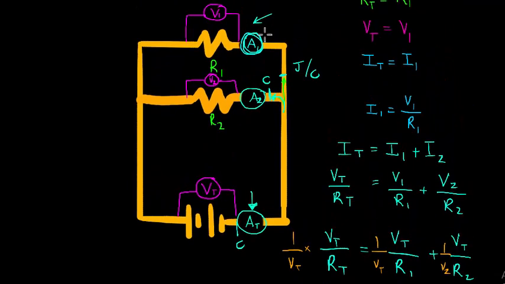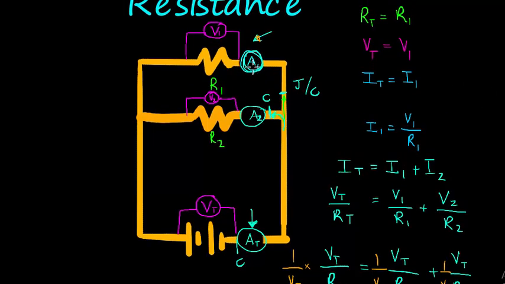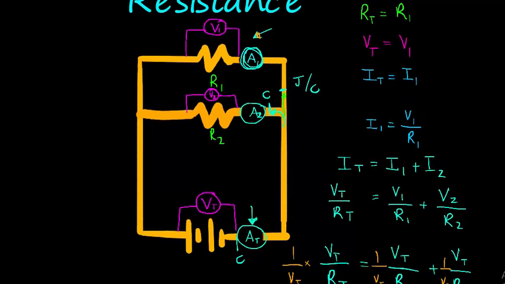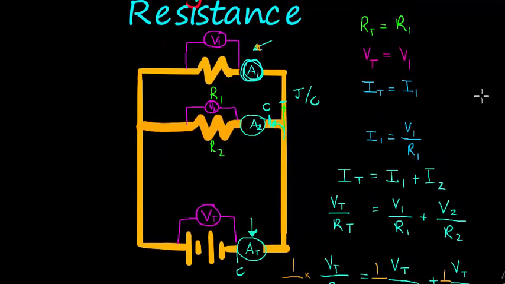Now if we go and look at the current readings on these two, how will we find the current readings on these two? Let me just change my color.